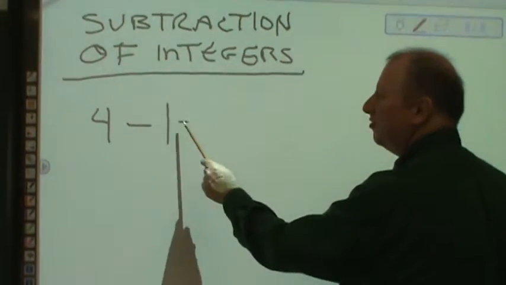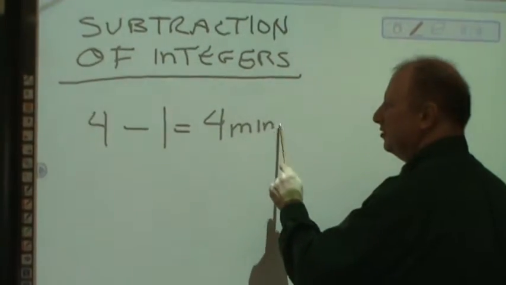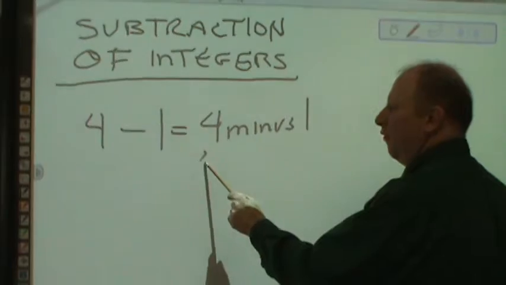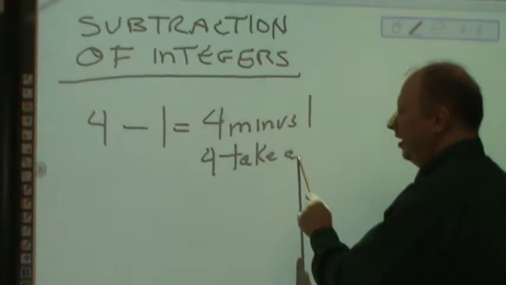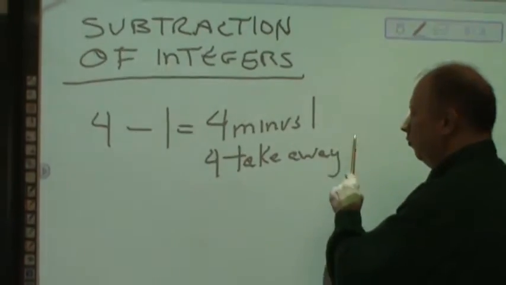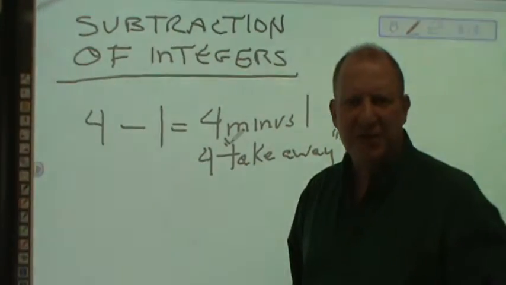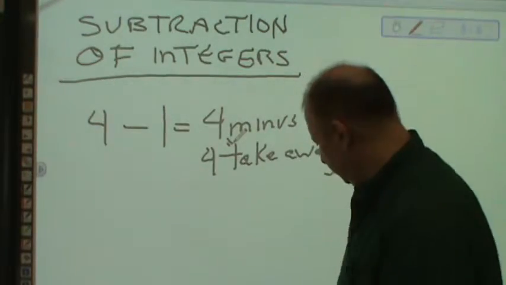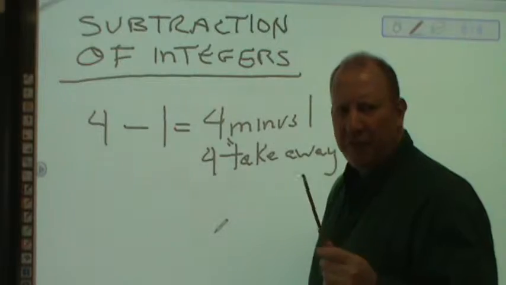Now I want you to realize this means 4 minus 1, or 4 take away 1. And the only reason I'm putting the word take away is because I'm actually physically going to take away 1. As we said before, yellow is for positive.